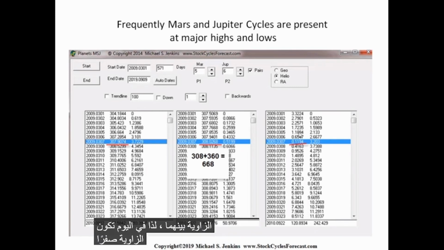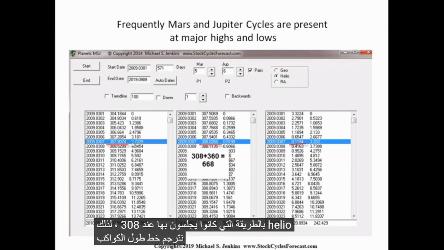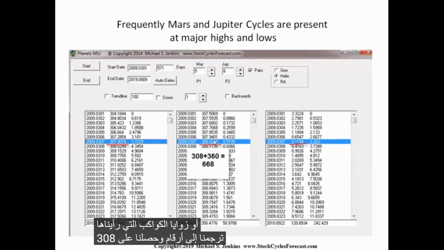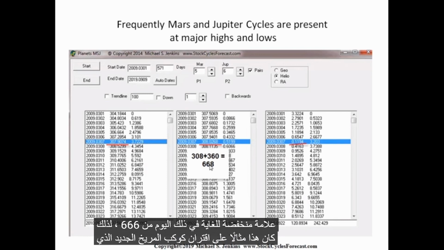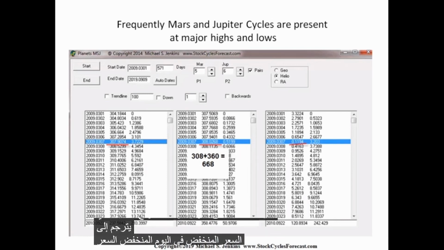So on the day the angle was 0, or a conjunction, and this is helio, by the way, they were sitting at 308. So we translate the longitude of the planets into numbers, and we get 308 plus 360 gives us a target of 668, versus our extreme low tick that day of 666. So this was an example of the Mars-Jupiter conjunction translating into the low price on the low price day.